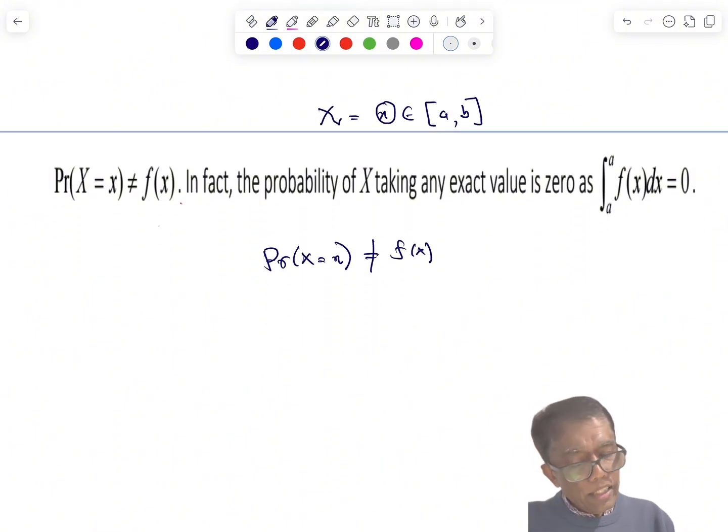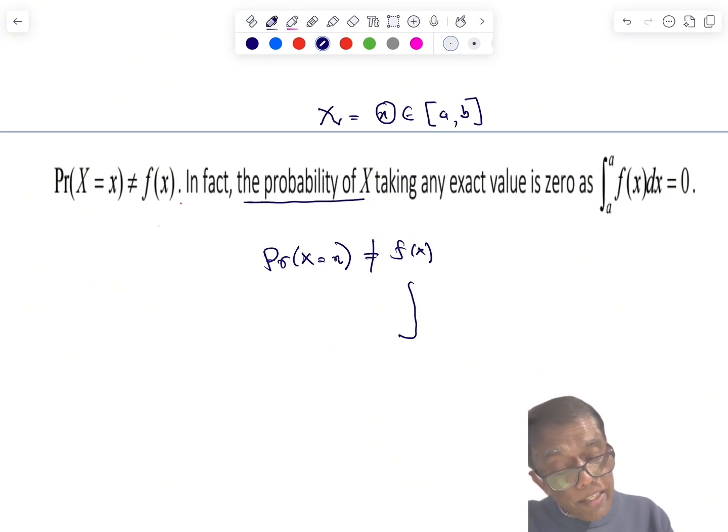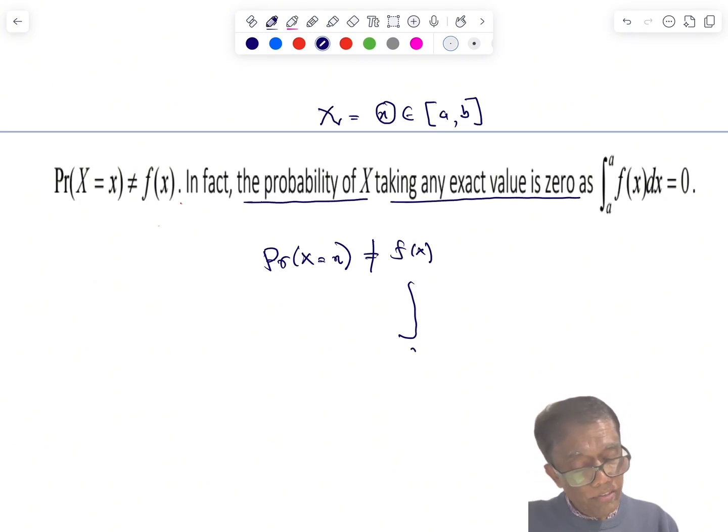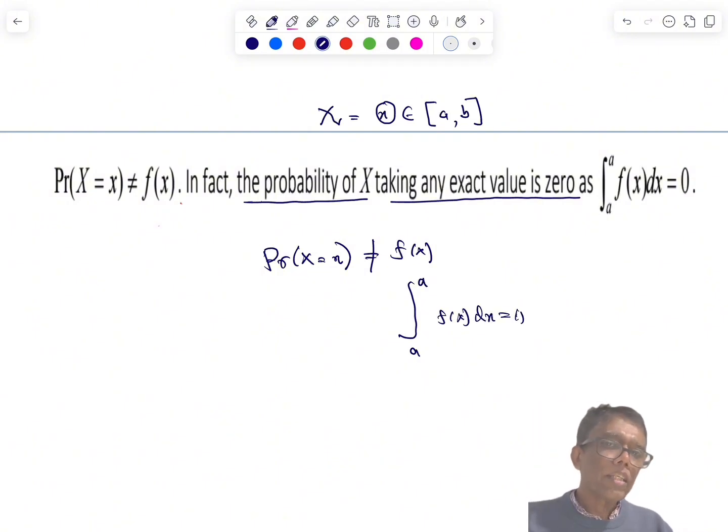Therefore, the probability of X taking any exact value is 0. We know that the integral from A to A of f of x dx is 0. In a continuous random variable, we can't find the probability at a point. If we want to find the probability, we have to consider an interval.